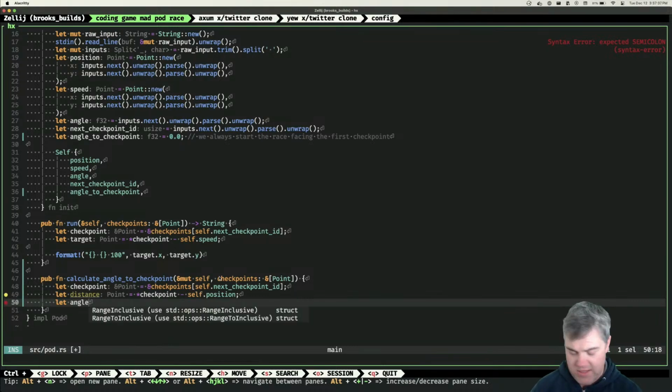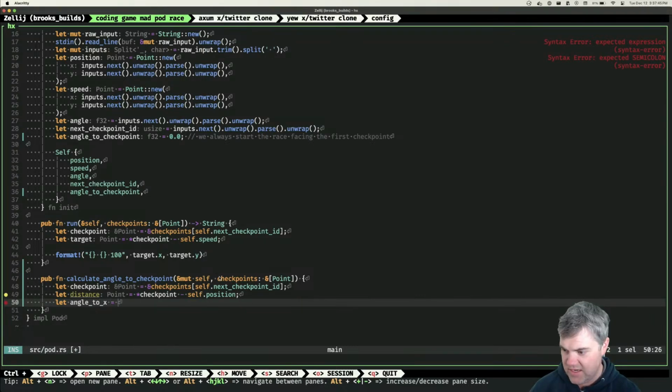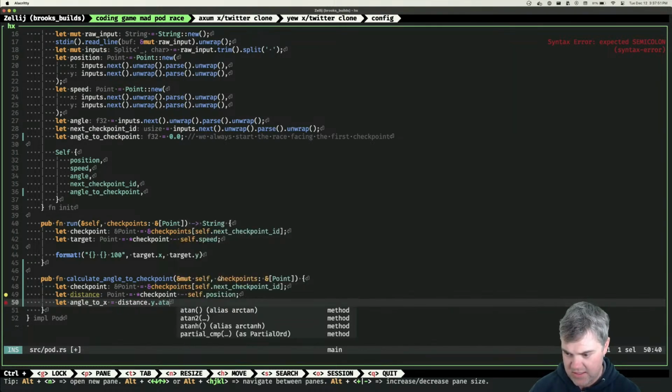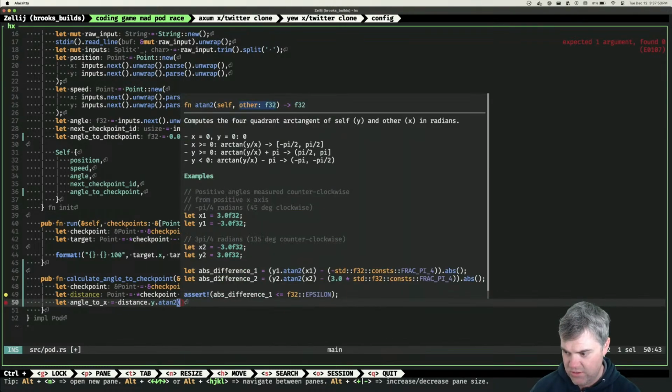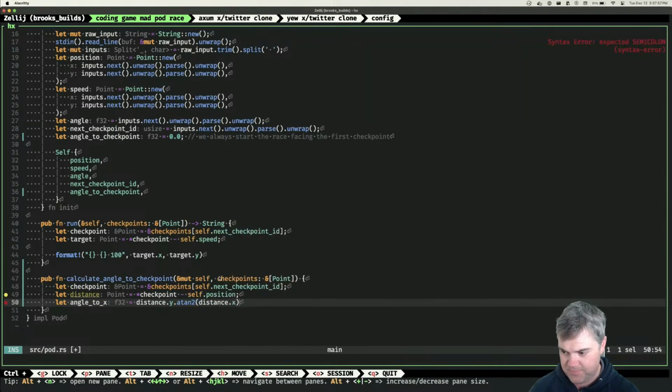Okay, so this is the angle to x, which is going to be atan2 of distance dot y, distance dot x, and then I take this and subtract.